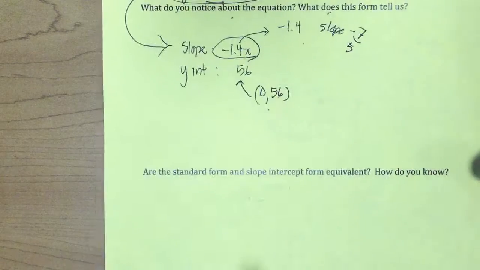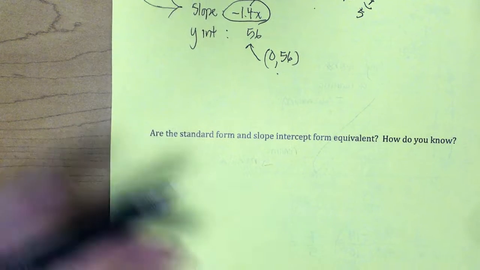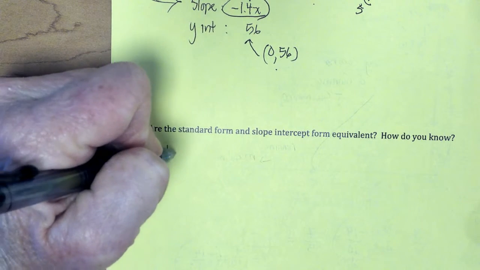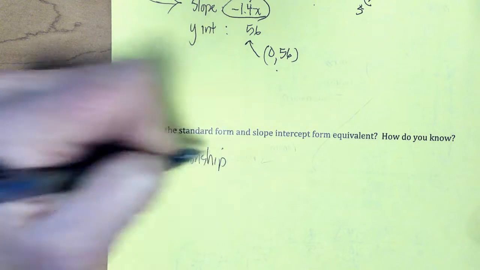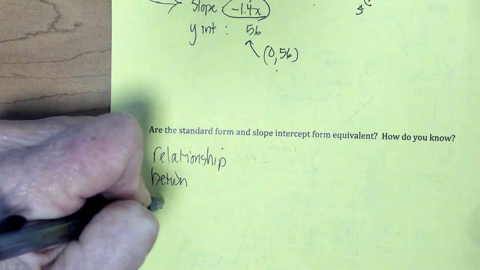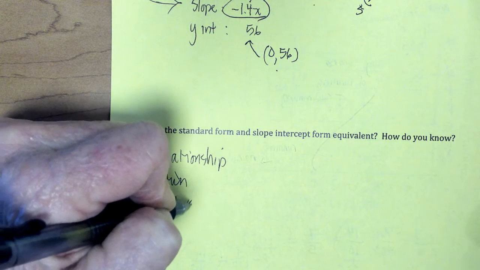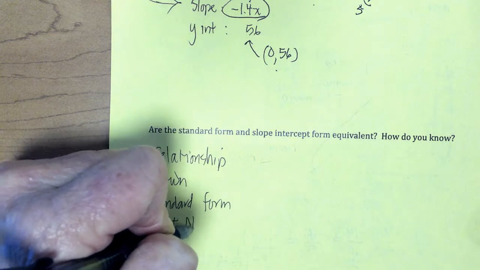So that's pretty cool. But why did we go through all of this? Well, because I wanted to show you the relationship between standard form and slope-intercept form.